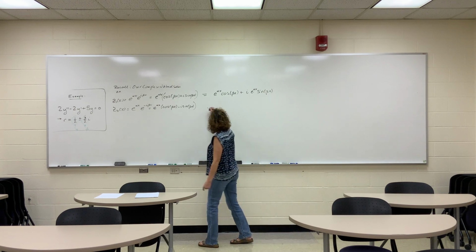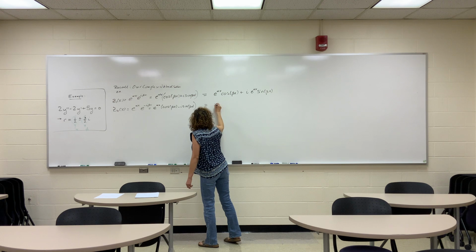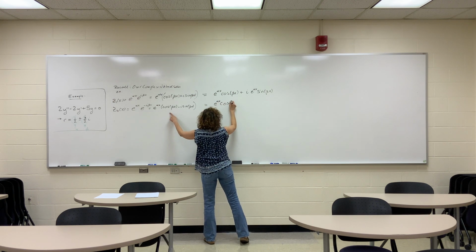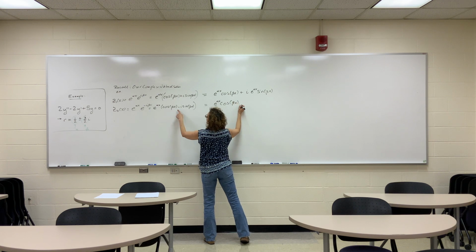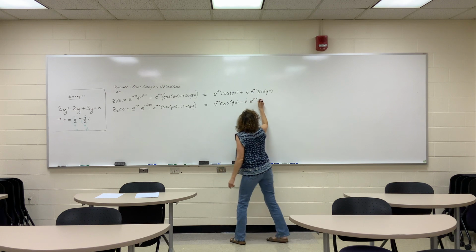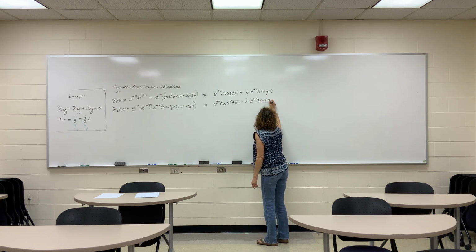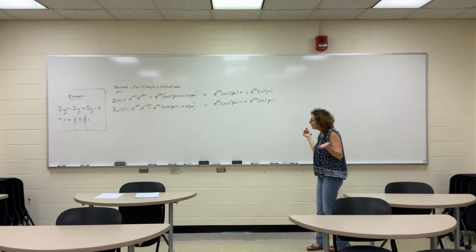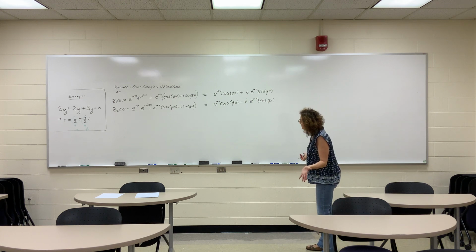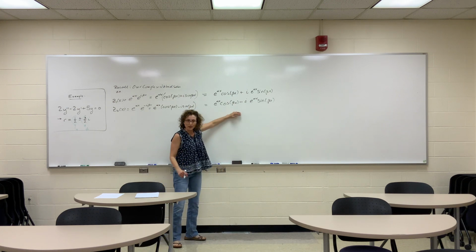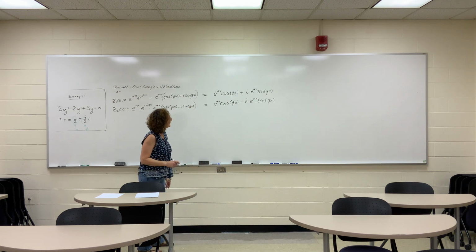And this one, z2, is e to the alpha x cosine beta x, and then just minus i e to the alpha x sine beta x, okay? So we still have complex valued solutions. They're not quite as short as they used to be, but they're in better shape than they used to be. And let's see why.